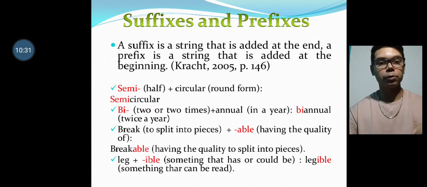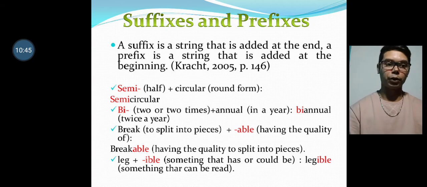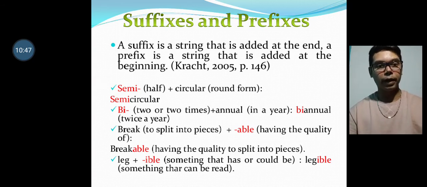Tenemos las palabras como semicircular, ¿ok? Semi sería half, cuya significación es half. Tendríamos aquí en caso un prefijo que se une en la palabra circular, que significa round form, and we have the word semicircular there. We also have the prefix bi, which is two or two times, biannual.